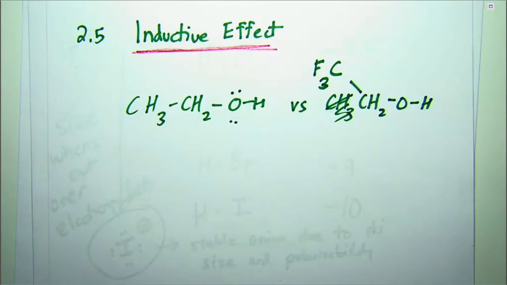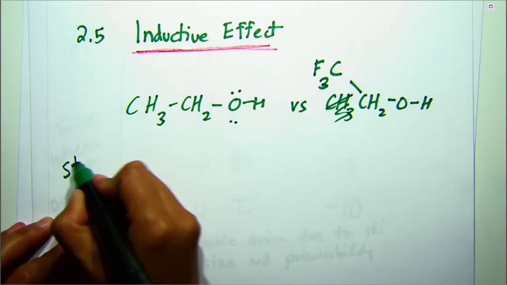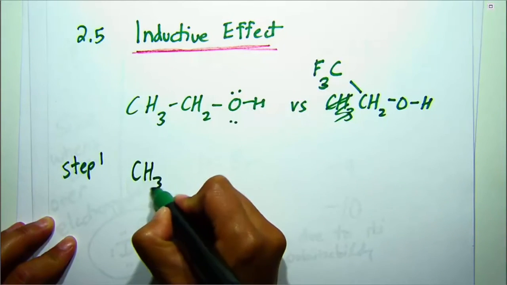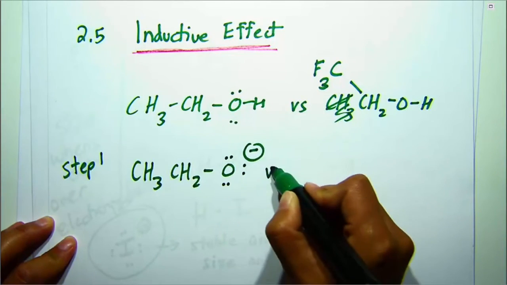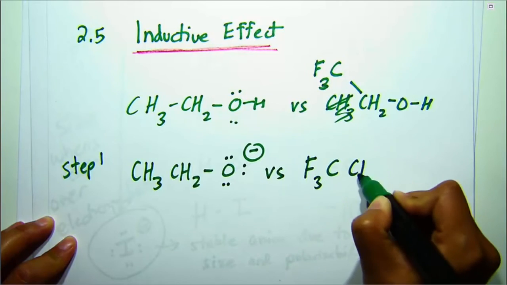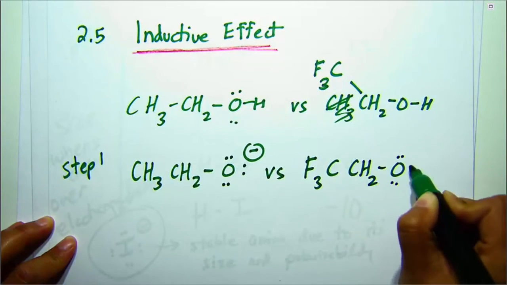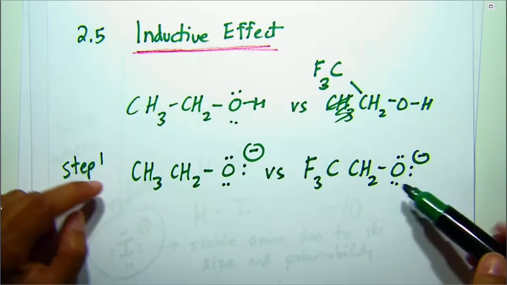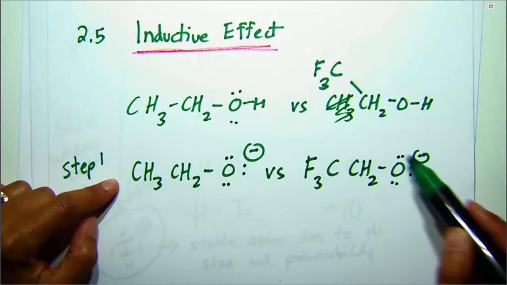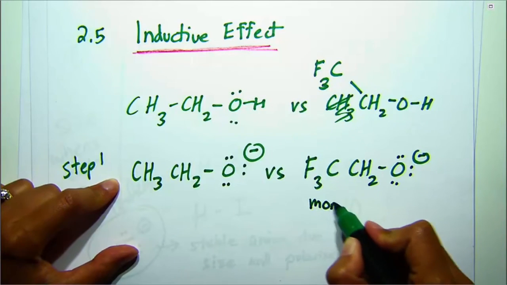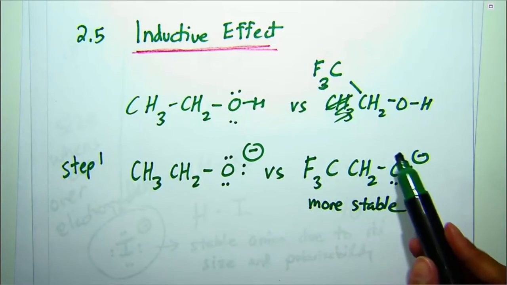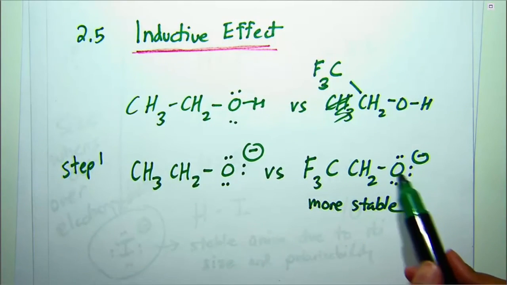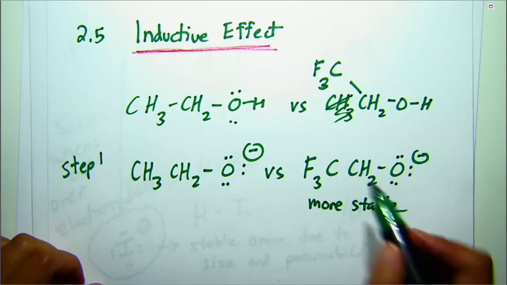So due to the electronegativity of these fluorine atoms, when we draw the conjugate bases and compare these two, we'll see that this conjugate base here is more stable because there's an inductive effect where the carbon-fluorine bonds help stabilize the negative charge because they're pulling electron density through the sigma bonds.